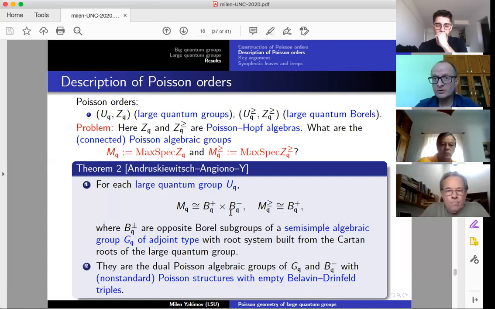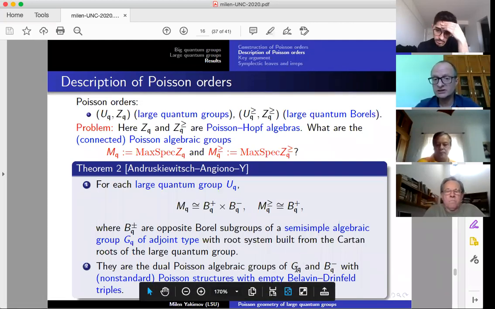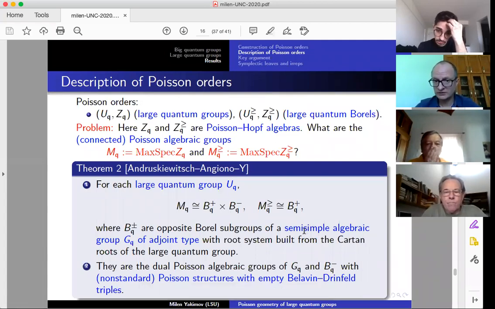And furthermore, we can say explicitly what the corresponding Poisson structures are. So there is a classification of Belavin and Drinfeld that says what all possible Poisson structures on an algebraic group GQ, which is simple, are. In this particular situation, it's of adjoint type.